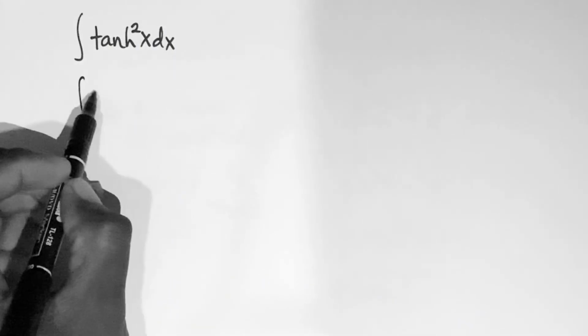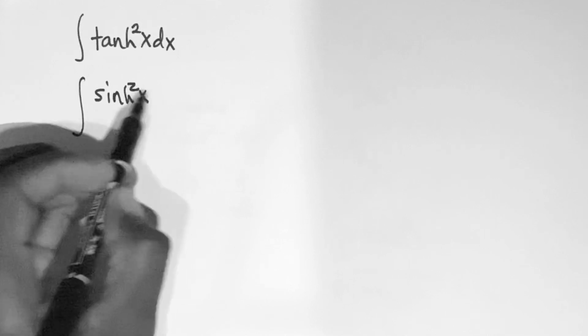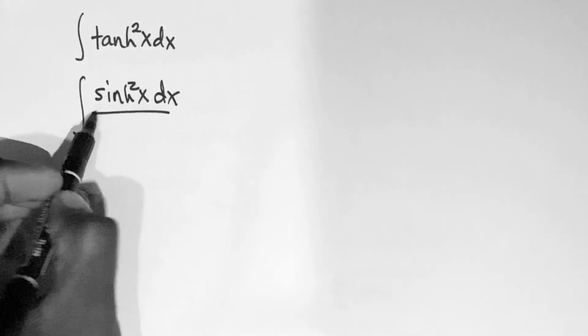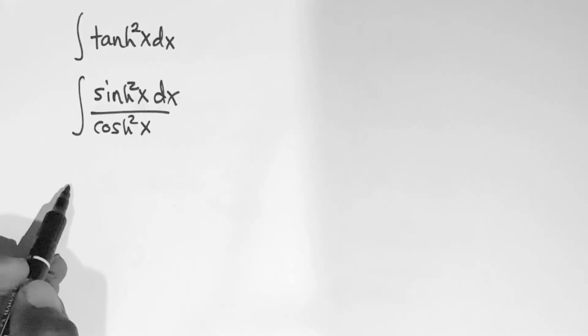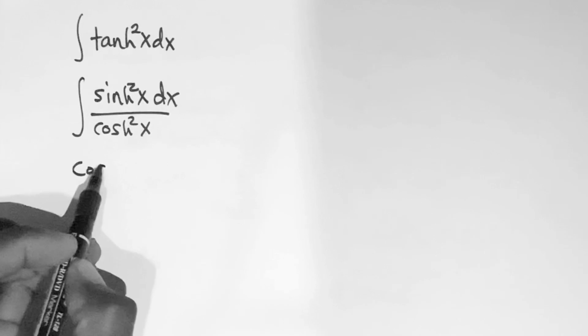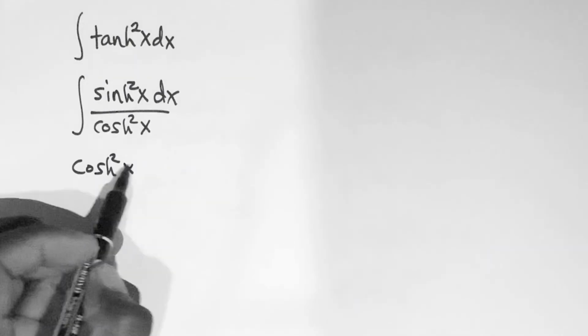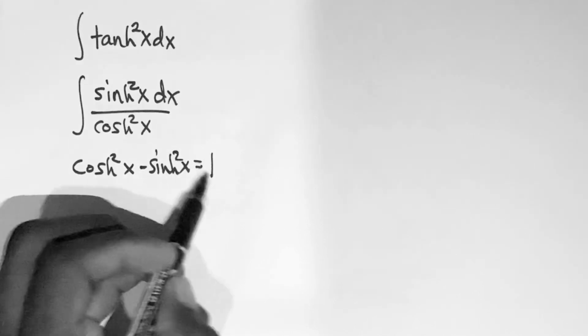So this can be written as the integral of tan squared x dx is the same as hyperbolic sine squared x dx divided by hyperbolic cos squared x. But then we know that cosh squared x minus sinh squared x is equal to 1.